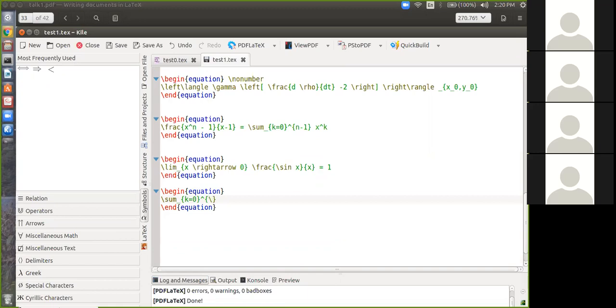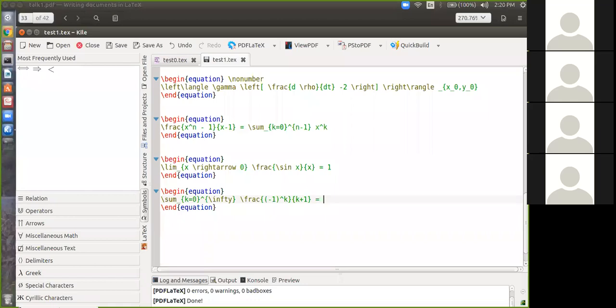So infinity, slash infty, infinity. 0 to infinity is done. Then the fraction part, slash frac, minus 1 to the power k divided by k plus 1.